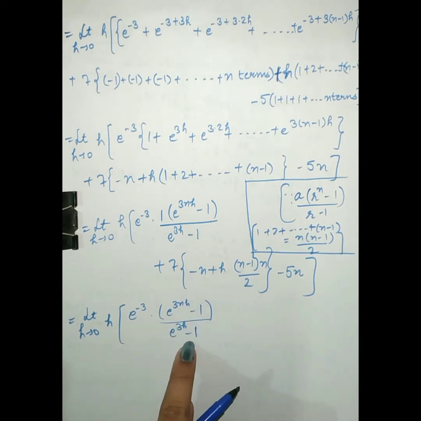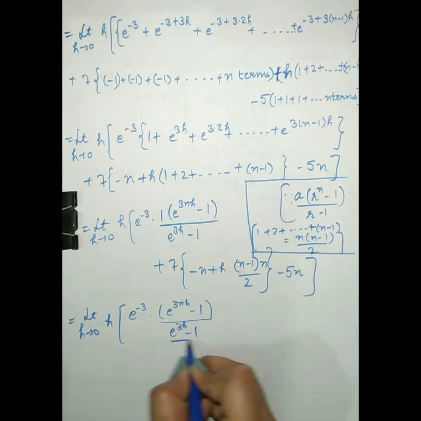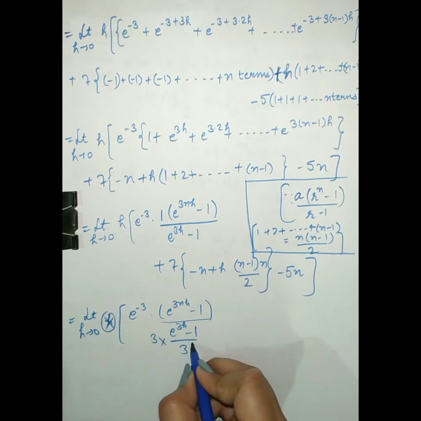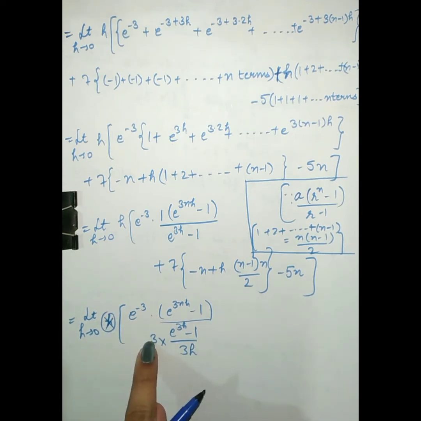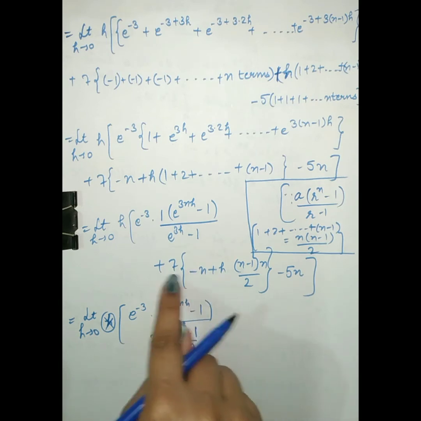Now we will multiply and divide this term by 3, that means here we get 3 into 3, and this h can also be written here, that means 3 into 3 e raised to the power 3h minus 1 upon 3h. Then by multiplying this term, it will become minus 7n.